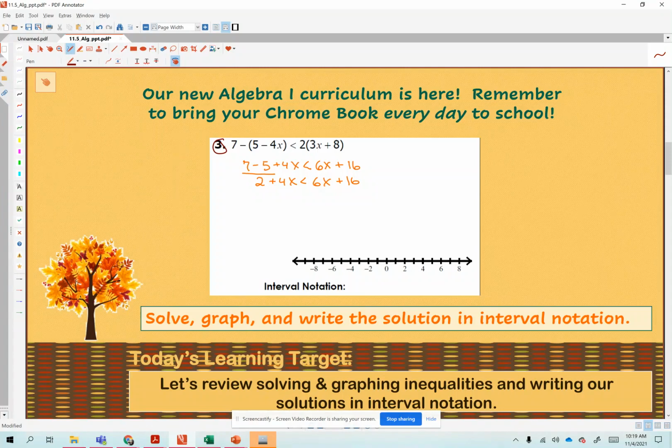And let's move, there are a couple of ways we can do it. I'm going to move the 6x. I usually don't do that, but I will. I'm going to have a negative 2x, but I want to remind you of something. So we'll move the 6x, which gives us 2 minus 2x is less than 16.